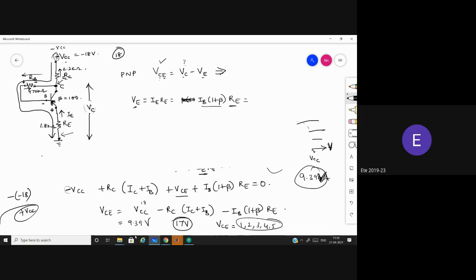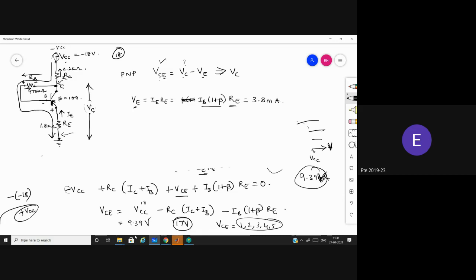IB into 1 plus beta gives you IE, multiplied by RE, that gives you VE. What is VE? 3.8.